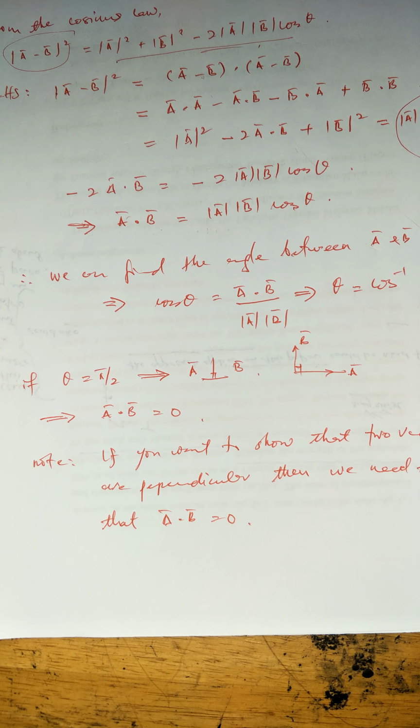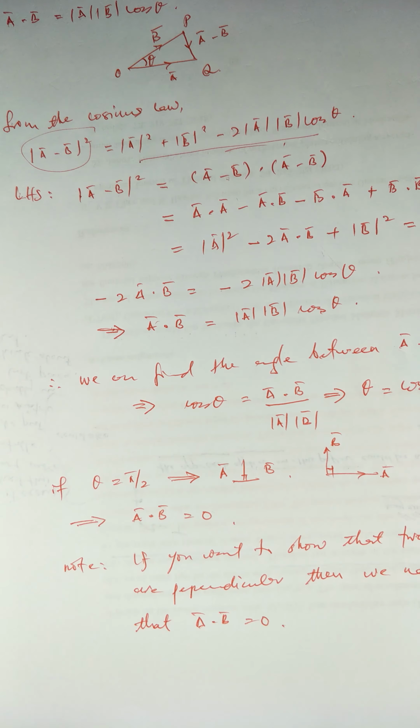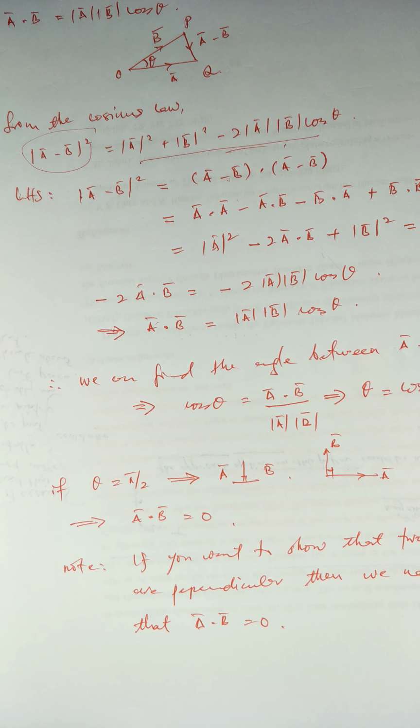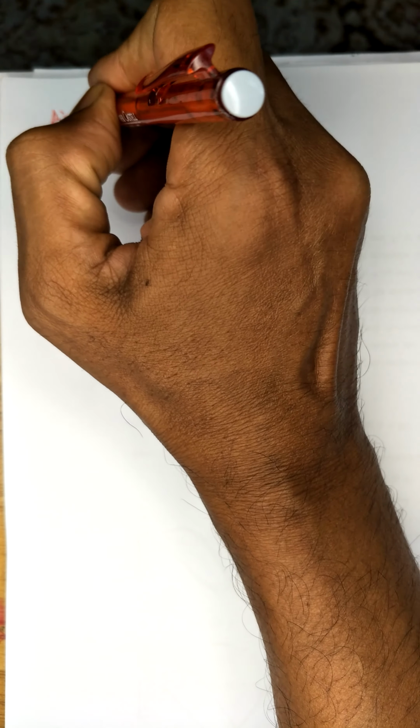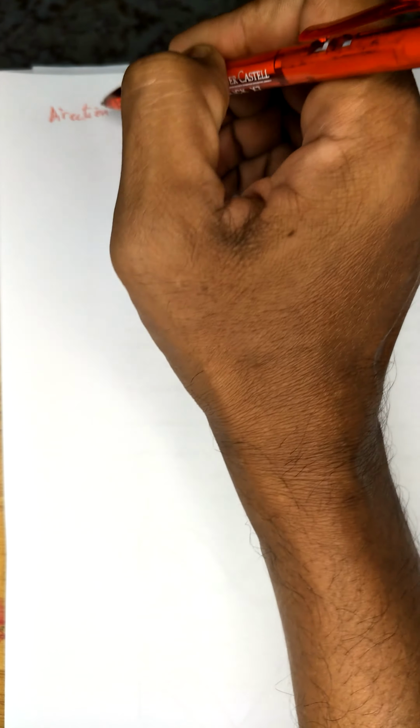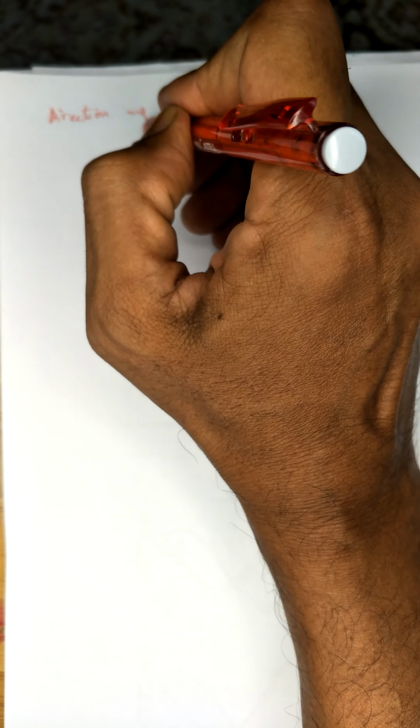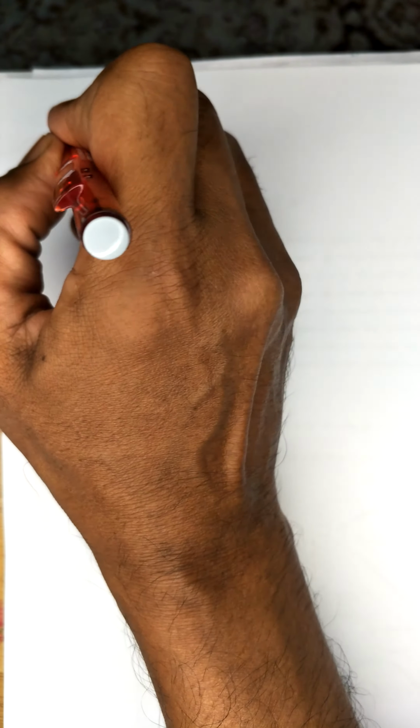Now let's see the direction angle. I think in my first video I have explained to you what the direction angle is for a vector in space, or in the three-dimensional case.